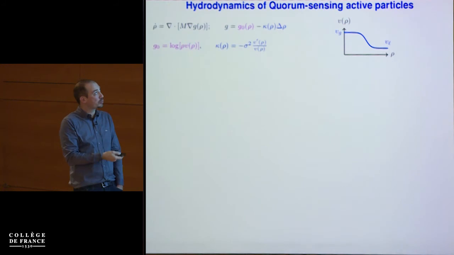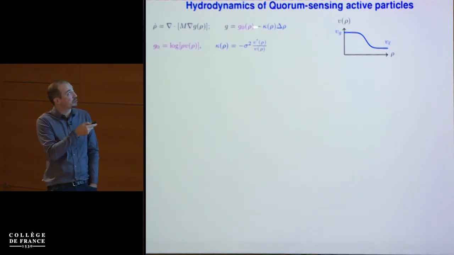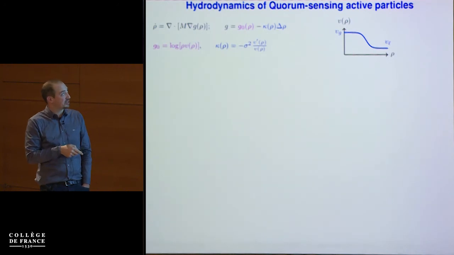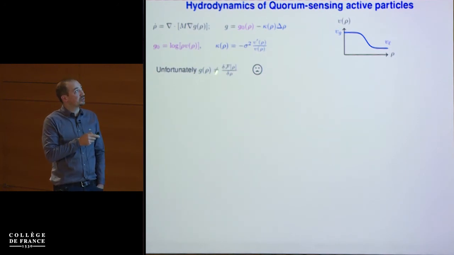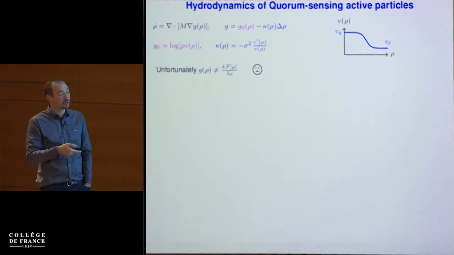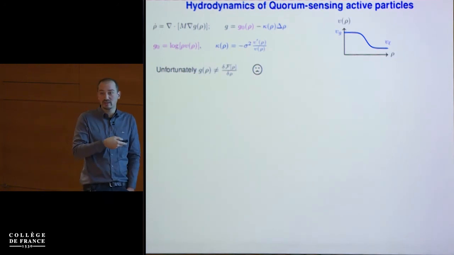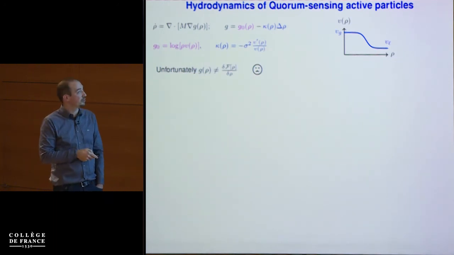This something, you can compute analytically its expression. You get a part which is local and a part which has gradients in it. You can compute the coefficients. But unfortunately, these parts cannot be written as the derivative of a free energy with respect to density. So from that, it seems very difficult to infer the coexisting densities.